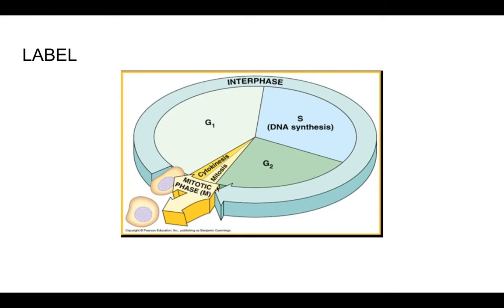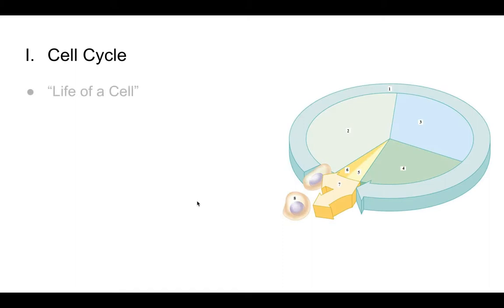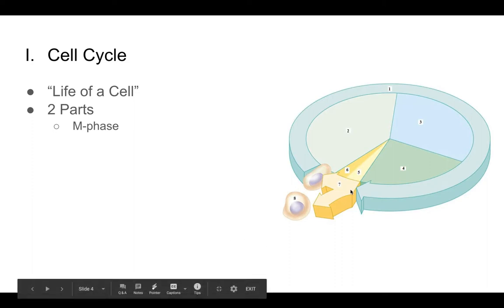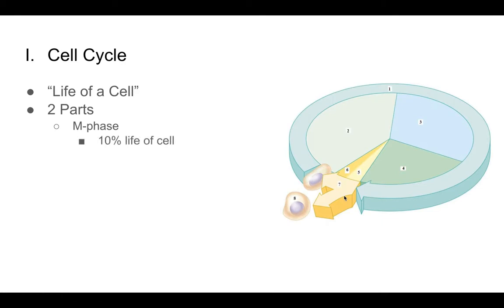The second part of the life of a cell is short, and here it is seen. It's called the M phase. So let's talk about the M phase, the second part of the cell cycle. In number 7, you should label that as the M phase. This is a very short portion of the cell's life, but the cell's very active here. It's going to actually divide.